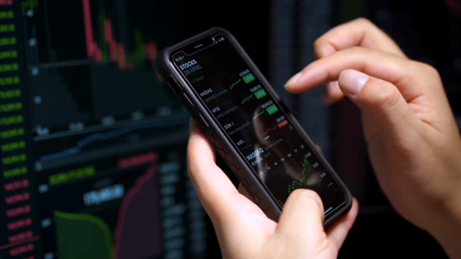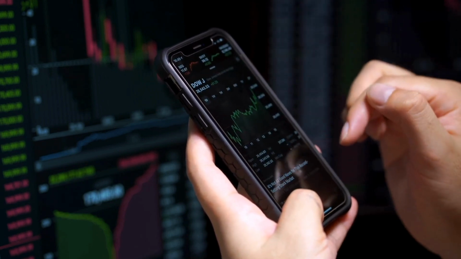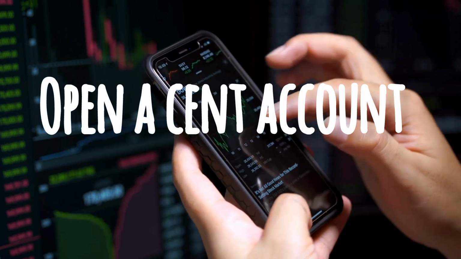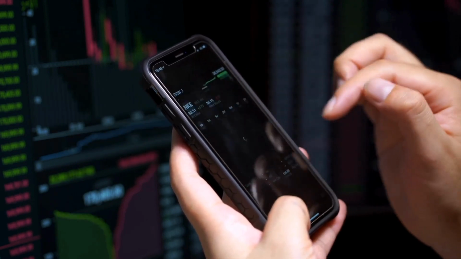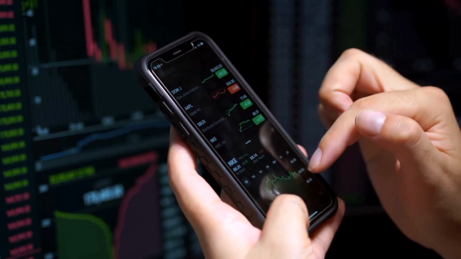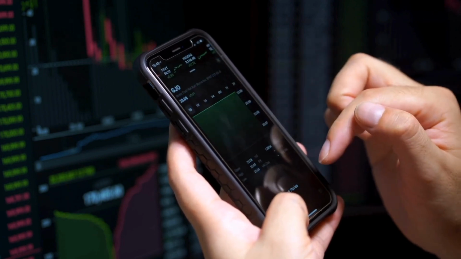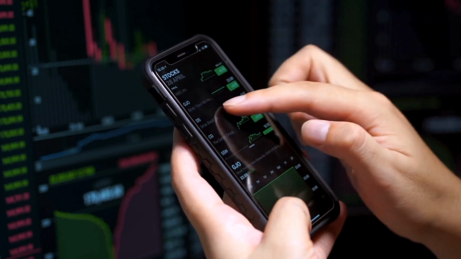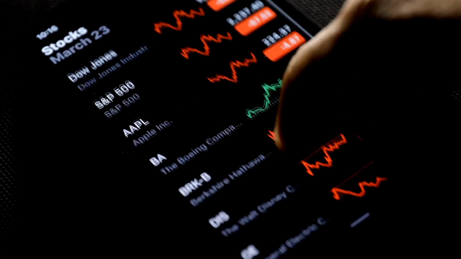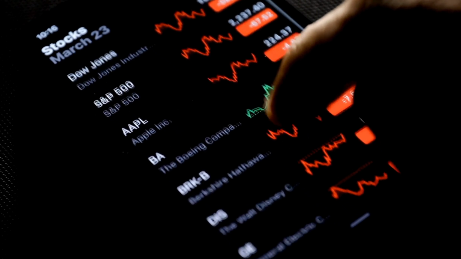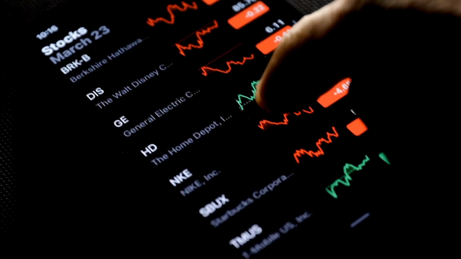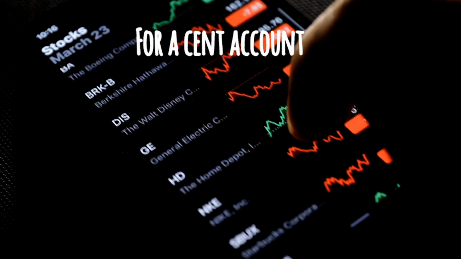For example, you can open a micro or a cent account. So when you have your $10 and you decide to open a micro account, they can multiply it and give you 1,000 micro or 1,000 cents. When you have your $100, they can give you 10,000 cents.